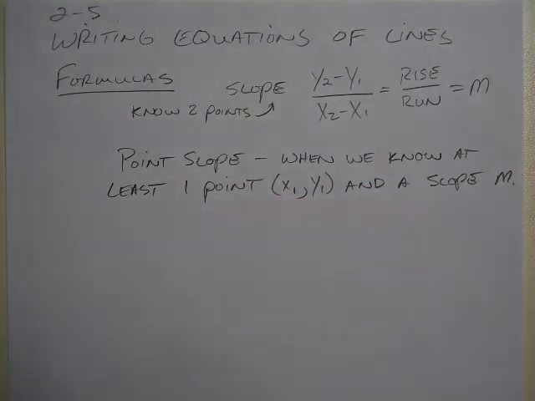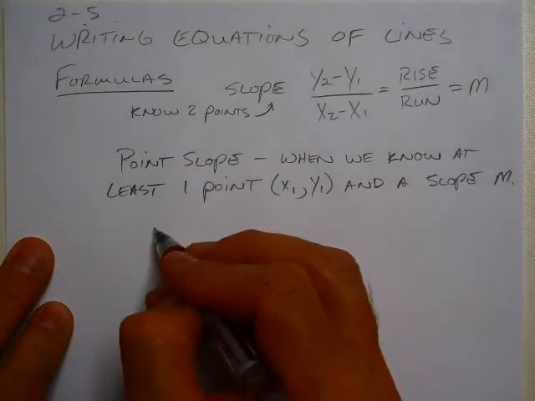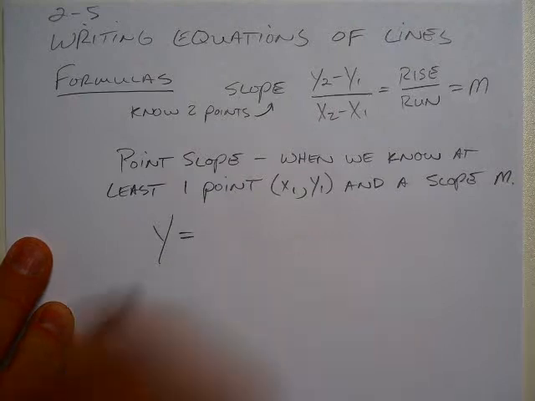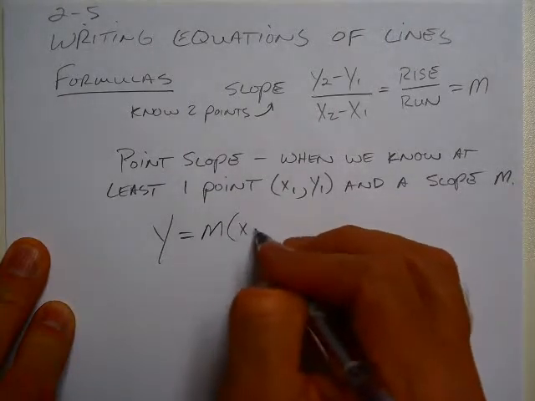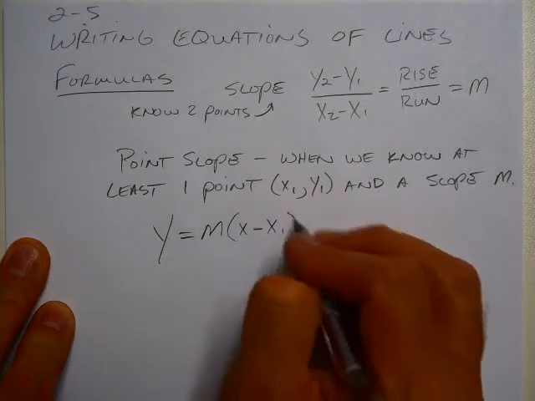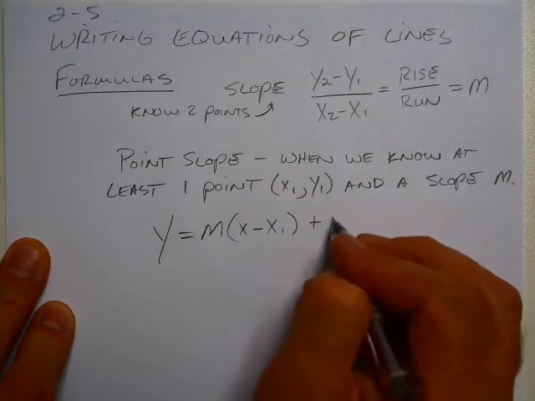Point slope works when we know a point, at least one point, and a slope m. And it looks like this. Y equals m times x minus x1 plus y1.